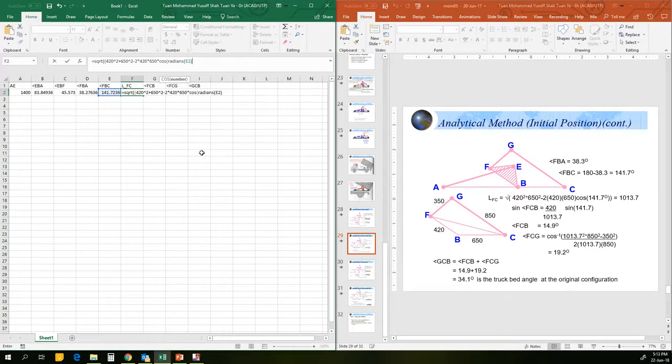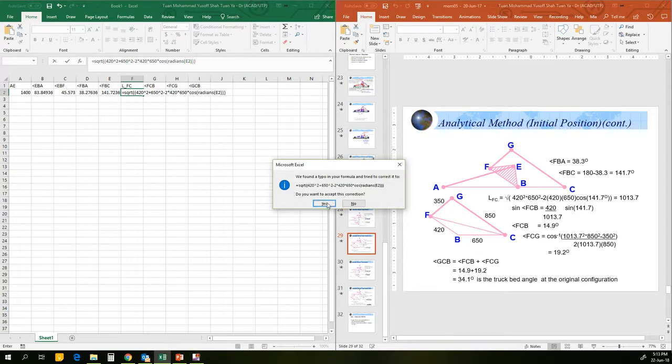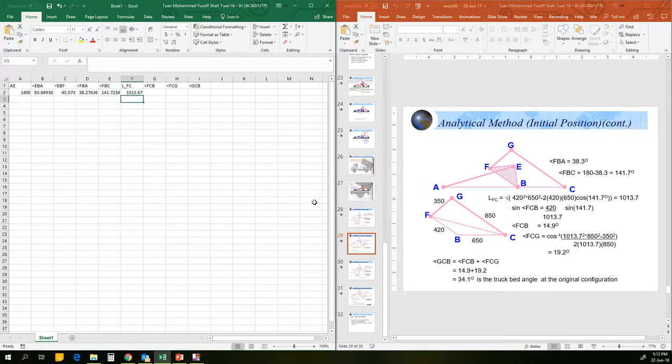We close it again, then close the square root part. So basically it's 1013.67.